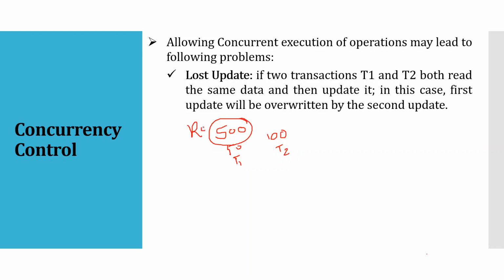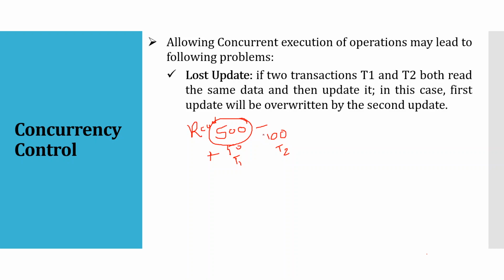This is the read they have done, right? And after that both of them update the data. One is adding and the other is subtracting. This is add and this is subtract. So what it says in this case, this particular transaction's update will be overwritten by this particular transaction's update. That means 500 plus 50 is 550, right? And 550 minus 100 is 450.